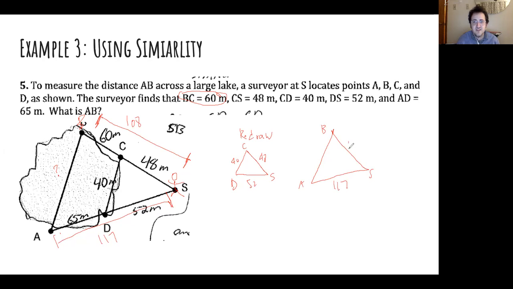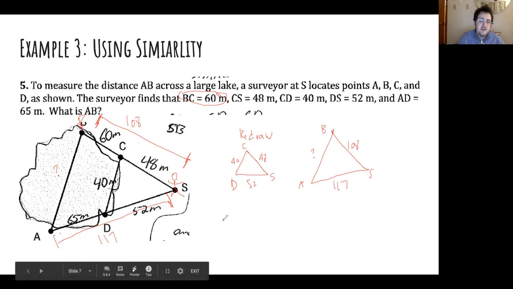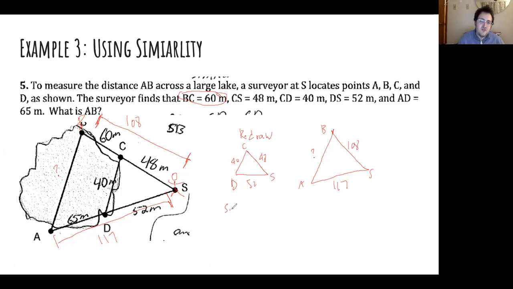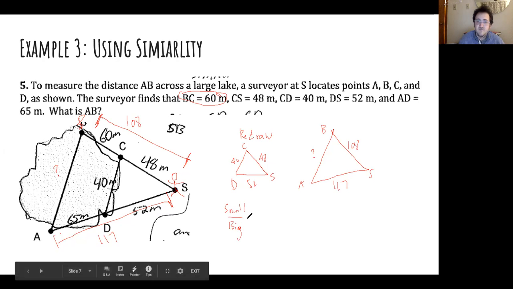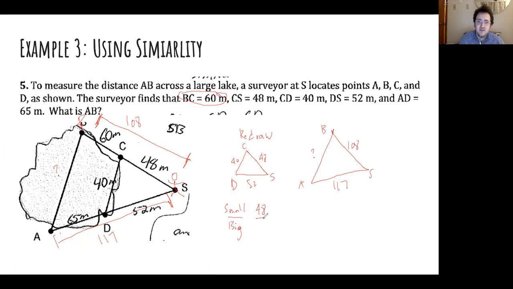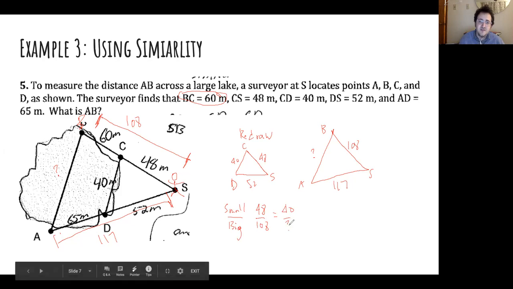That's 117, 108, and question mark, or you could call it X. So maybe I'll do small over big. So the 48 matches with the 108. And then the 40 matches the question mark.